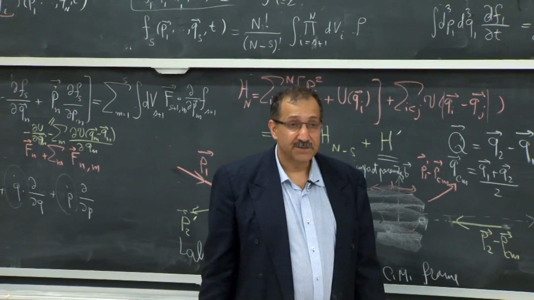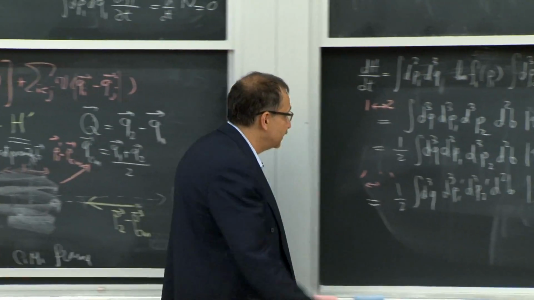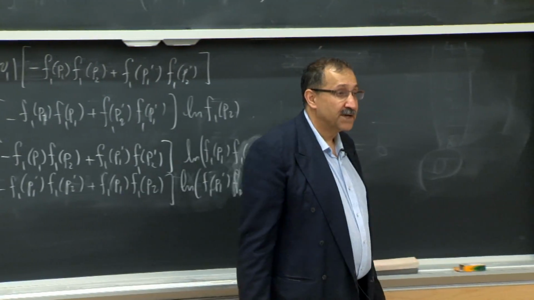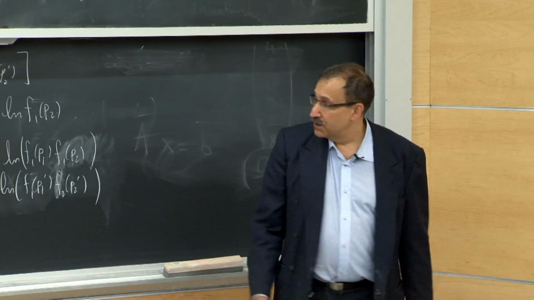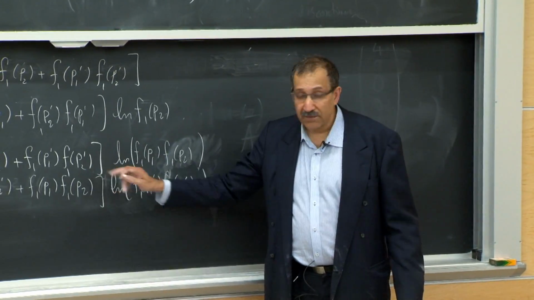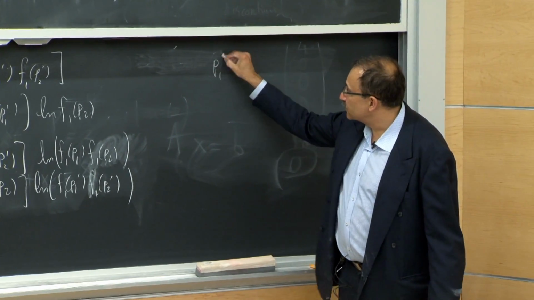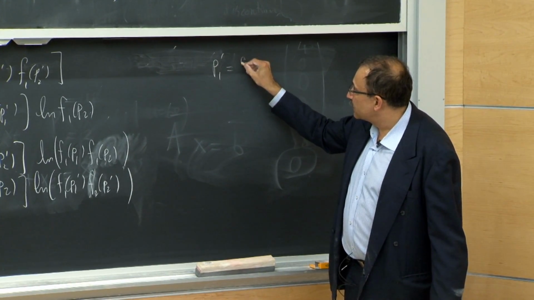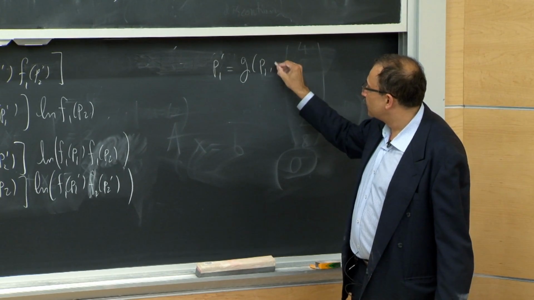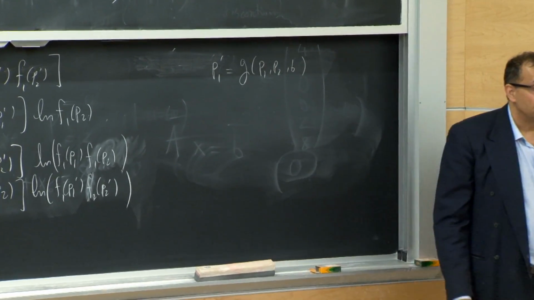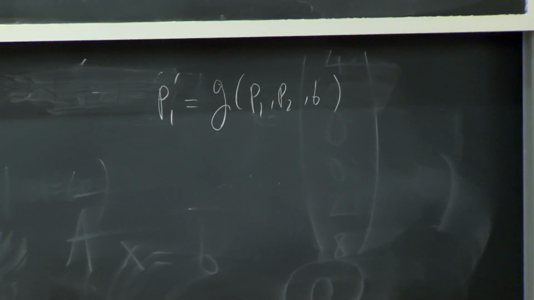variables of integration. In the expression that I have up here, p1 and p2 are variables of integration. p1 prime and p2 prime are some complicated functions of p1 and p2. Right? So p1 prime is some complicated function, I don't know, of p1, p2, and b, for which I need to solve in principle this Newton's equation.